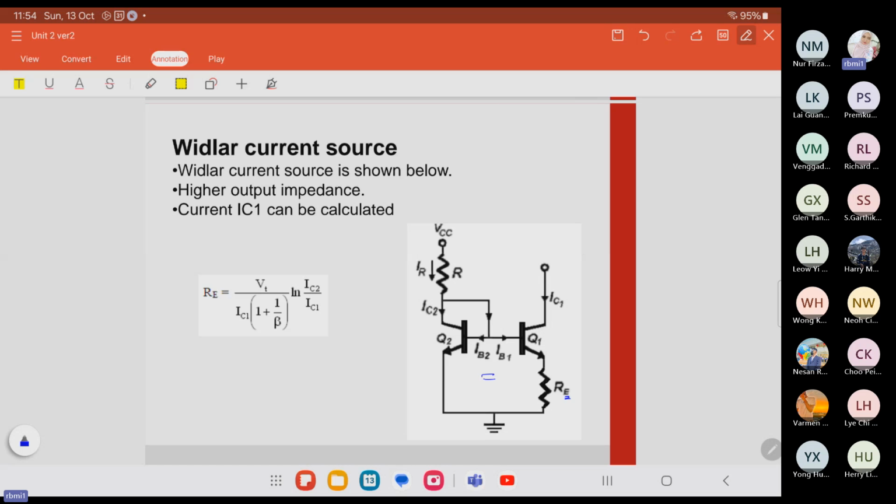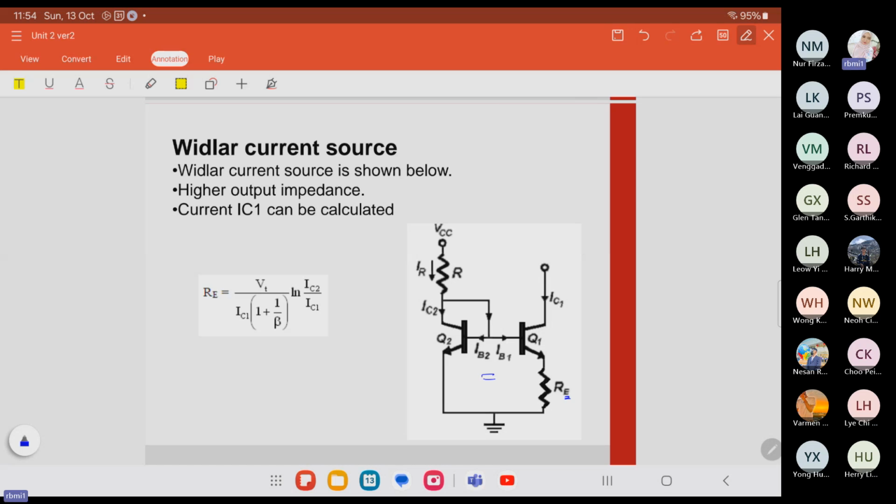Thus, it has lower current carrying capability and less output resistance. The limitations can be overcome by using three-transistor designs such as Widlar, Wilson, or cascode current source, which has higher output resistance than the two-transistor current mirror.